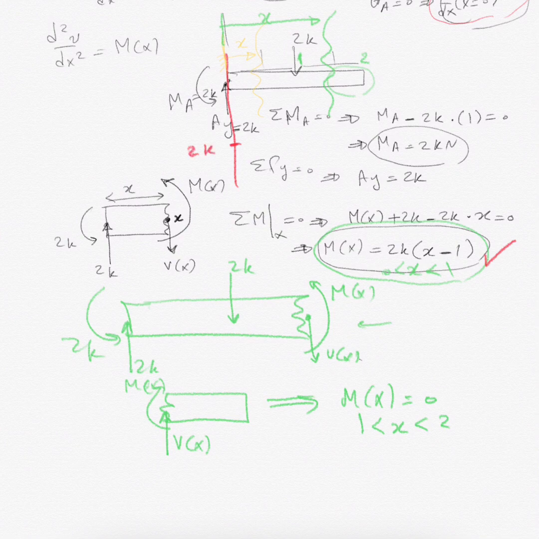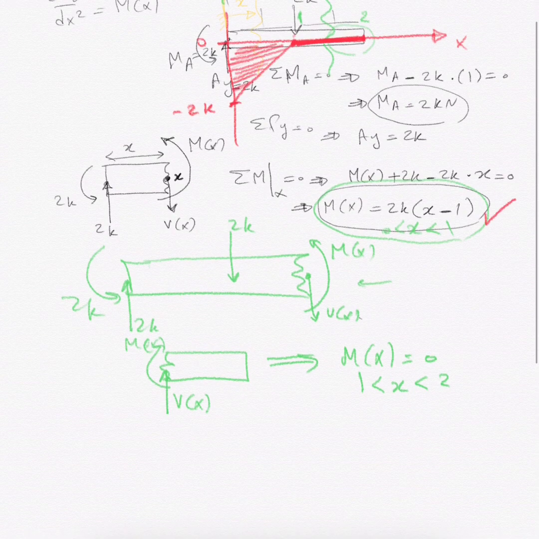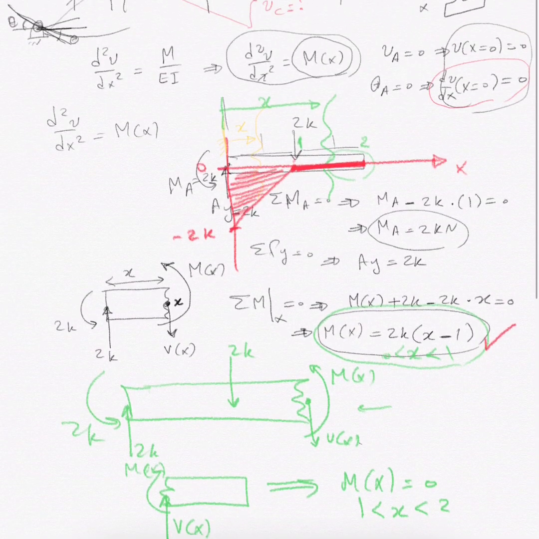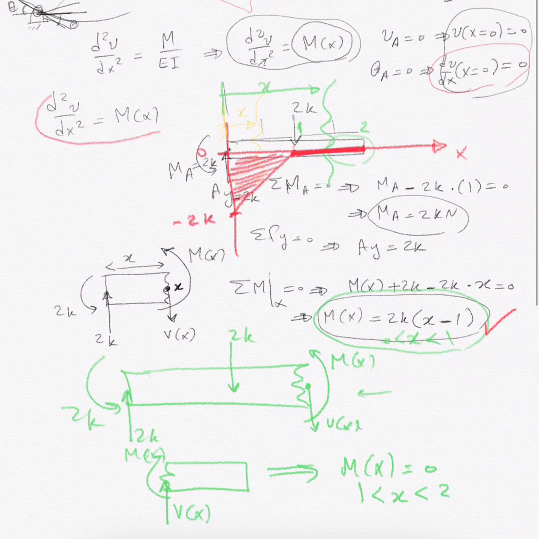There you go, negative 2k. This is my x, and this is my 0. And then at x equal to 1, which is right here, I have 0. Then after 1 also, I'm identical to 0 right here. So that's my moment diagram. Okay? So I know what to put right here when I integrate.